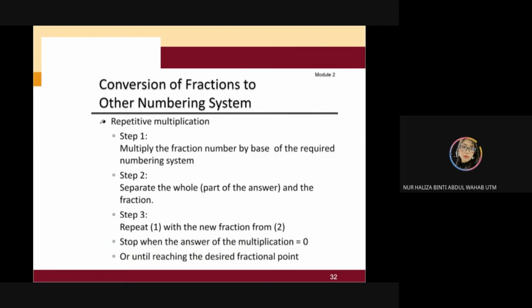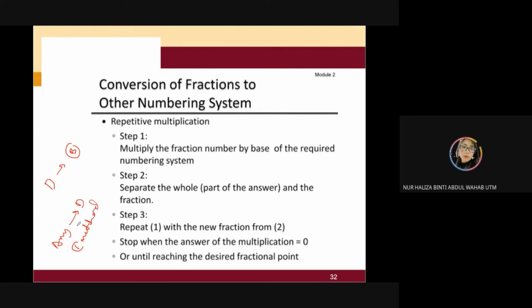That is for the positive number, but when you play around with the fraction number, it's going to be different. Successive division only applies when you want to convert your decimal to any base number. But if you still remember, when you convert from any base number to decimal, you only apply one method, which is multiplication.